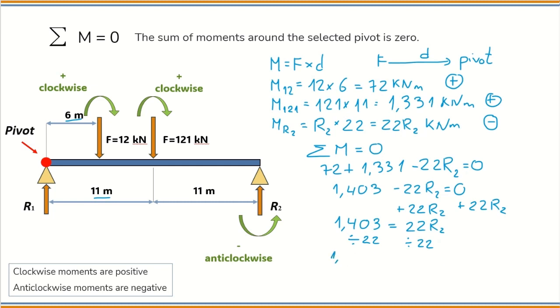So 1403 divided by 22 equals R2. R2 equals 63.77. I have rounded it to 2 decimal places, kilonewtons. And this is the answer.